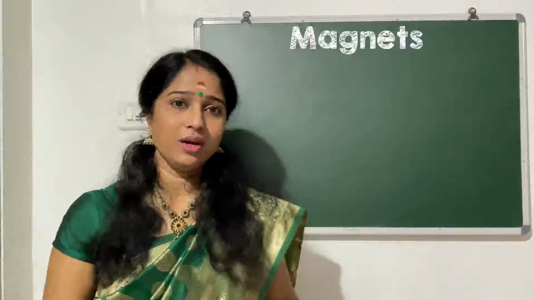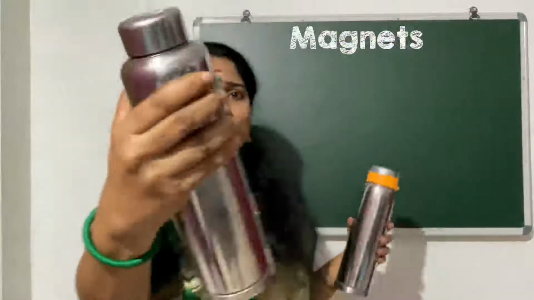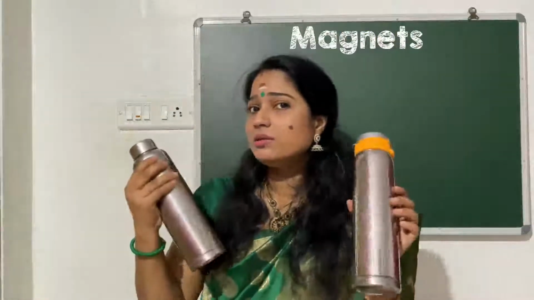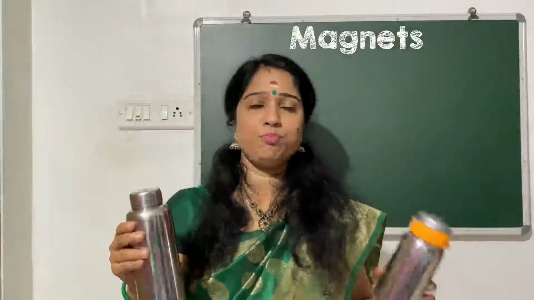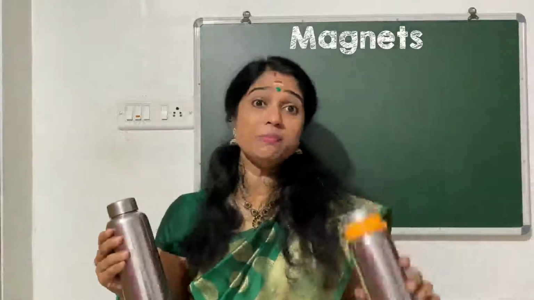So next, I would like to give you some tip for understanding whether the steel object is good or not. I will show you that now. See, I will show you two bottles. Both are steel bottles, isn't it? Both look good. Okay, so let me see whether these bottles are pure steel, or if they have iron content or not. We want to check it.